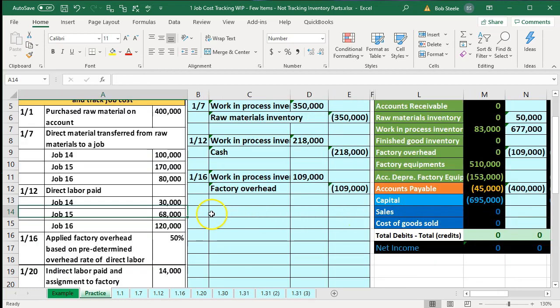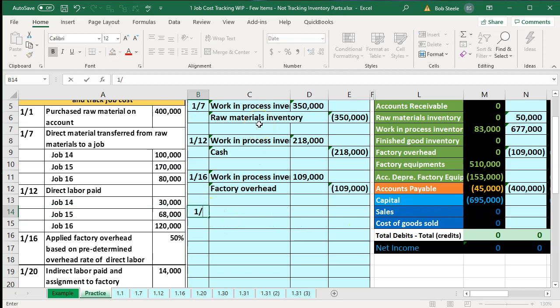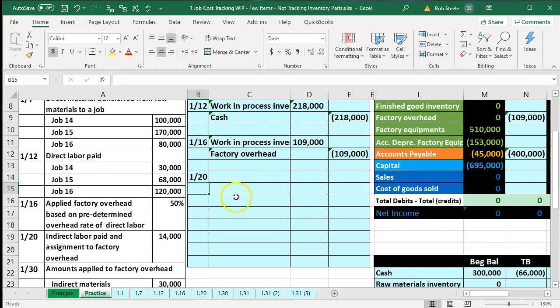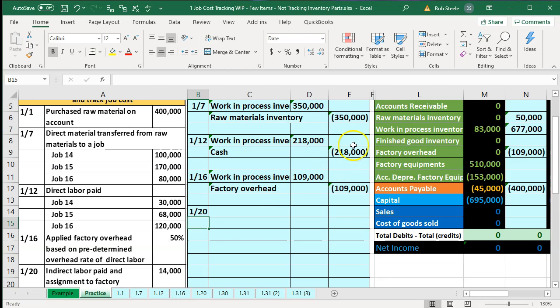Now, next we're going to go to 120, where it says we have the indirect labor paid. So now we're going to be incurring all the things in overhead, all the things that go into overhead that we had to apply out in some way. Idea being, I couldn't apply these directly to the job. I couldn't then put them to work in process, but rather had to put them into the factory overhead that we then use some kind of estimate, as we did here, to apply out to the jobs.